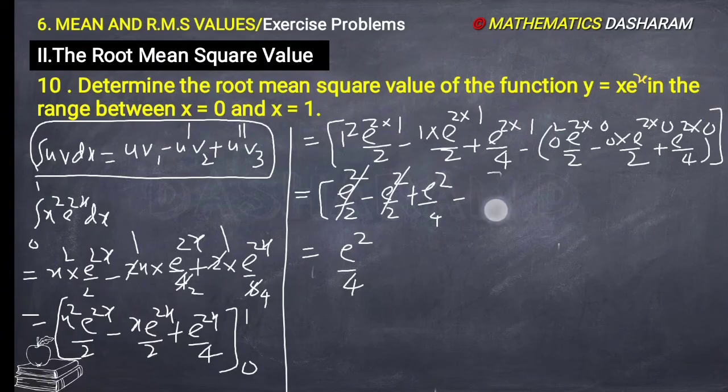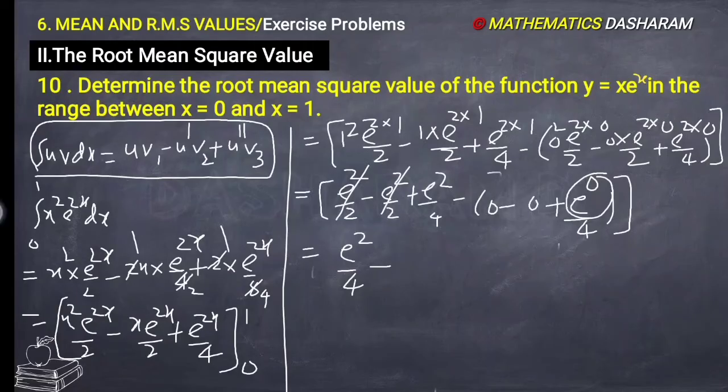Sorry, here not total 0. Here 0 minus 0 plus e power 0 by 4. So e square by 4 minus, here e power 0 answer is 1, so 1 by 4 will come.